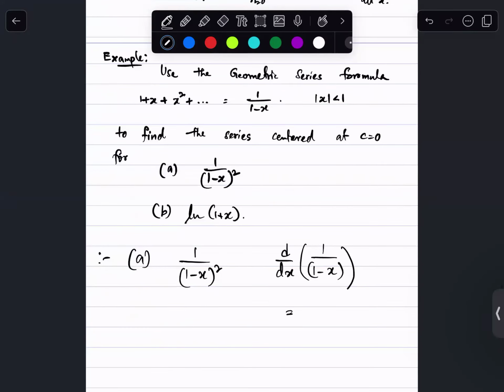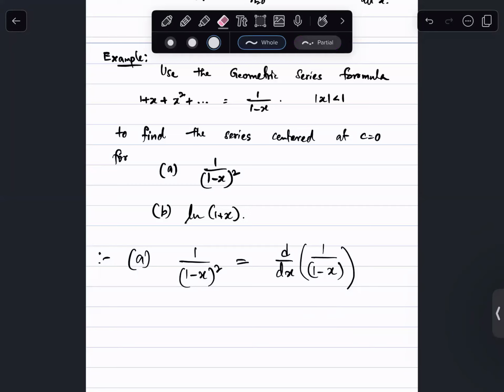This is 1 over (1 minus x) whole square, and there is minus and minus. So therefore this is an equality, right? If you are not convinced, do it on your own.